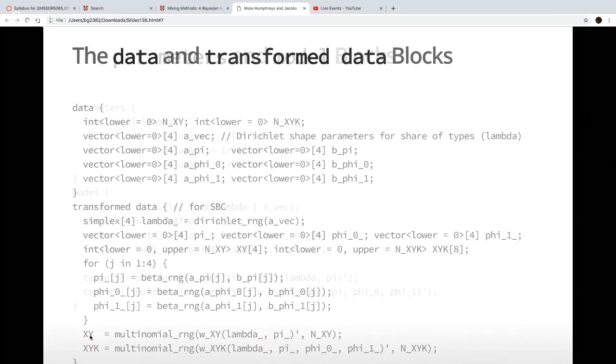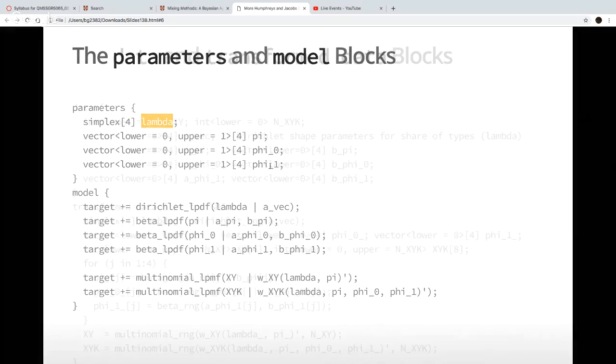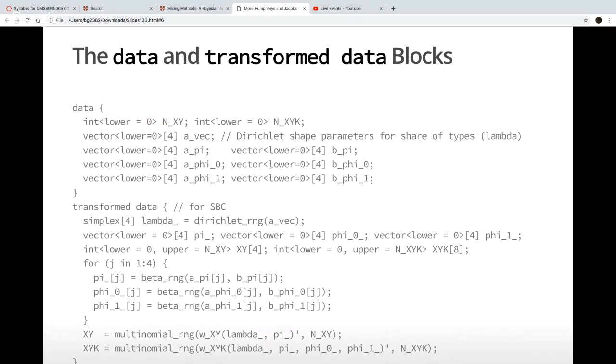Okay. So the parameter and the model block are actually fairly simple, I would say, in this case. We have, sort of, true parameters: lambda, pi, phi0, phi1. These differ from the ones that I declared in the transform data due to the lack of trailing underscores.